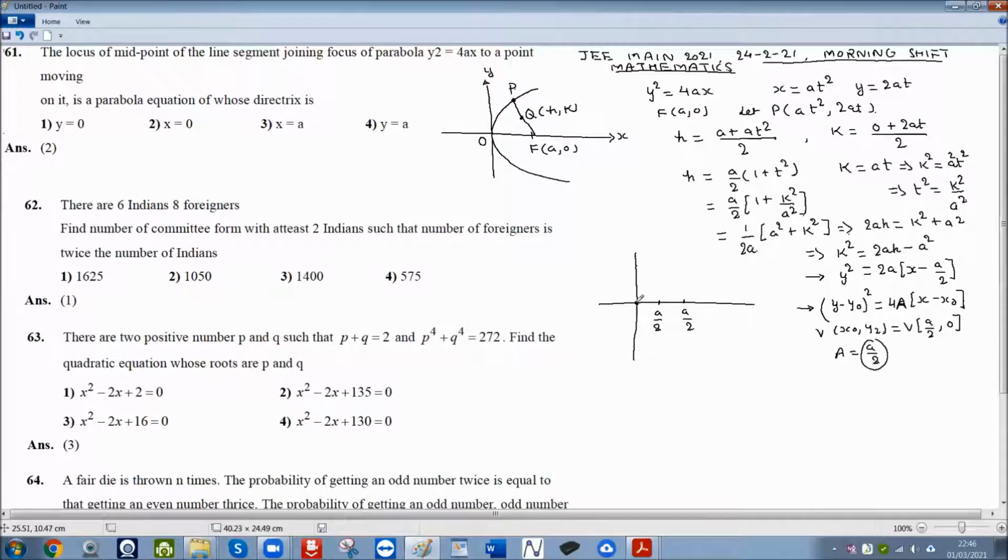So the directrix must be the y-axis, which is represented by x is equal to 0. Accordingly, the second option is correct. This was question number 61.